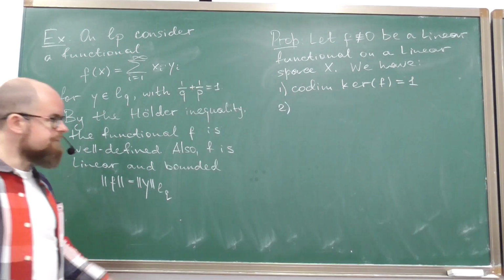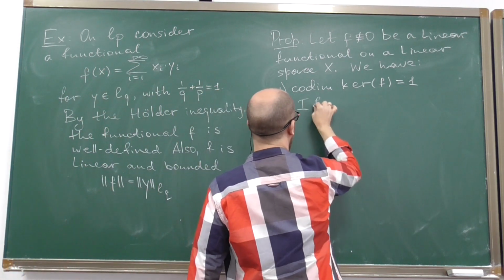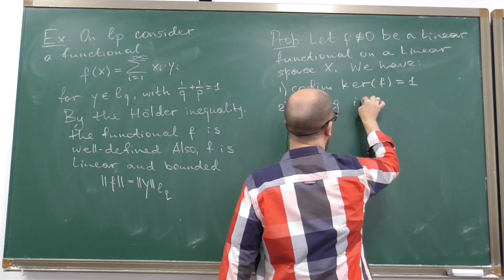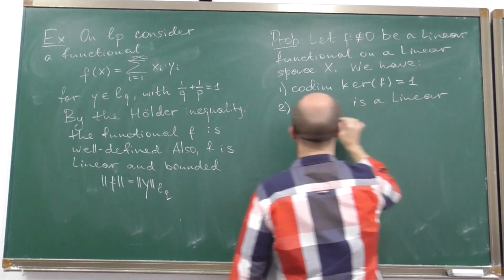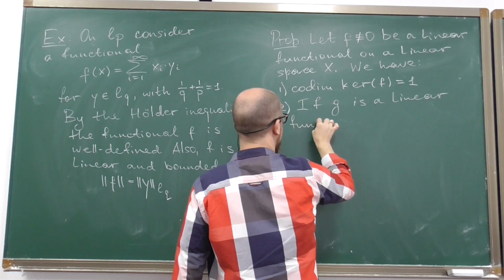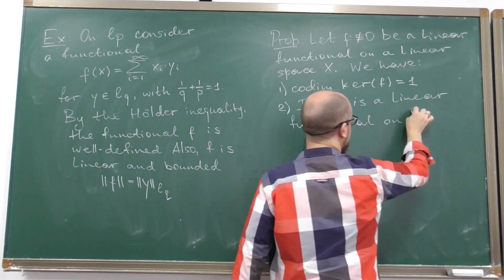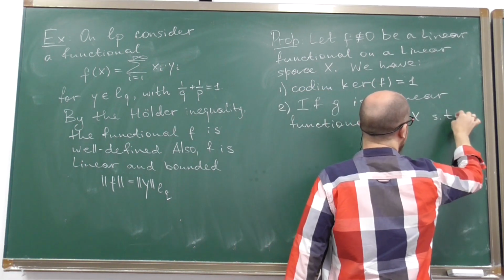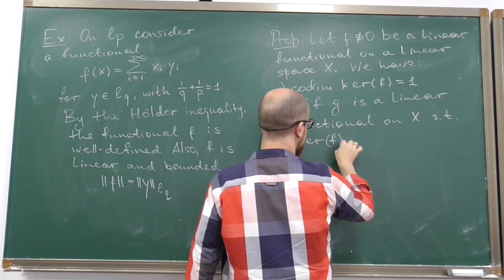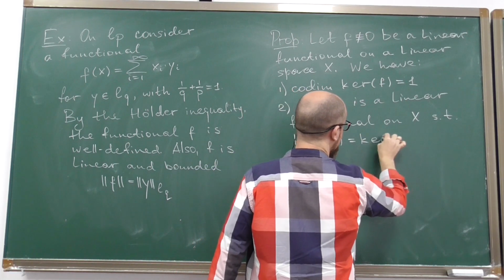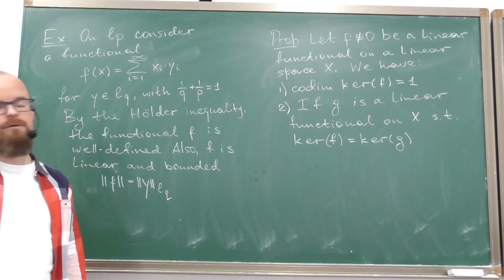Second, if g is a linear functional on X as well, such that the kernel of f equals the kernel of g, then these two functionals are scalar multiples of each other.